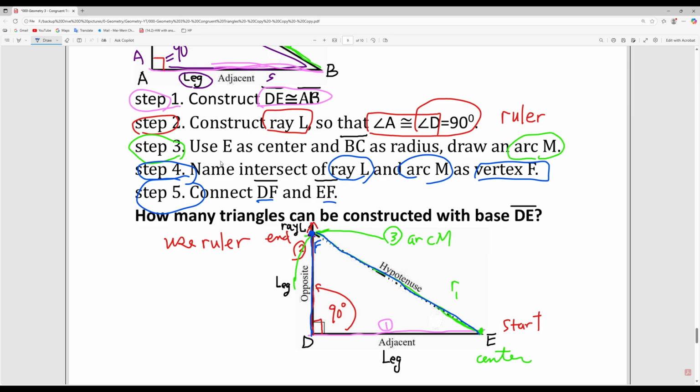Then we have our congruent triangle finished.